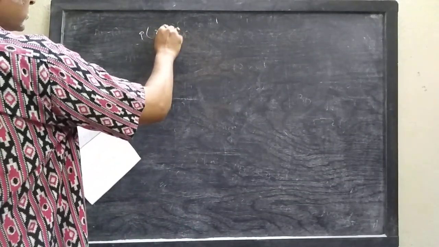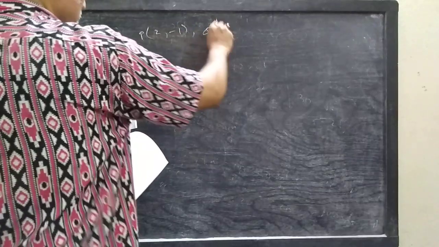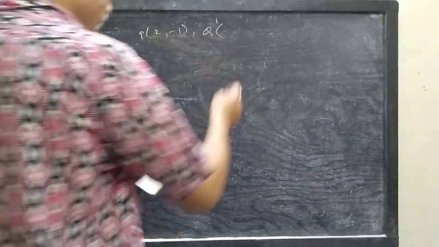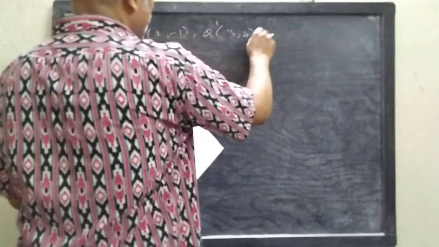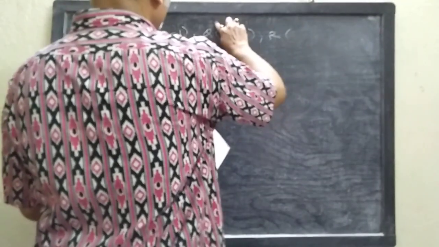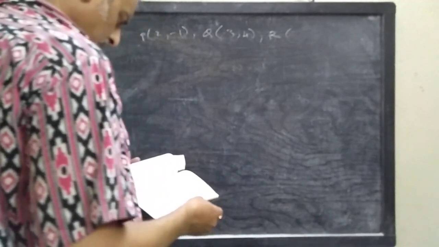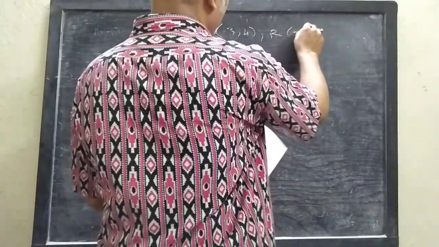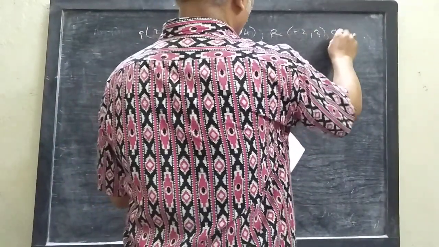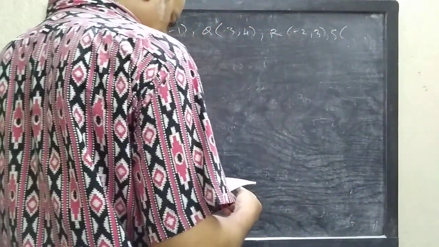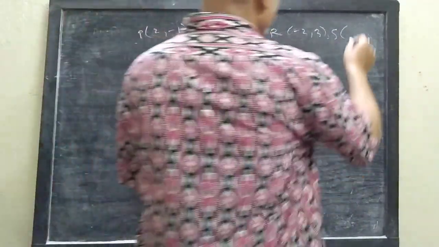P is 2 comma minus 1, Q is 3 comma 4, R is minus 2 comma 3, S is minus 3 comma minus 2.